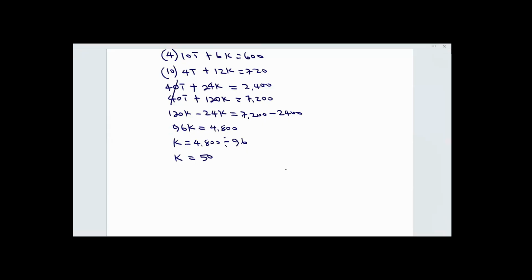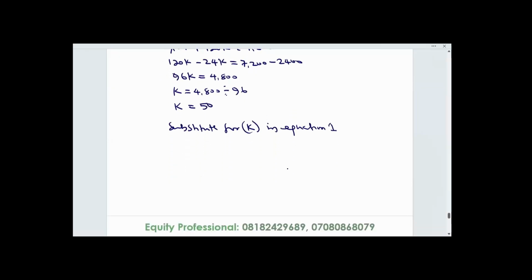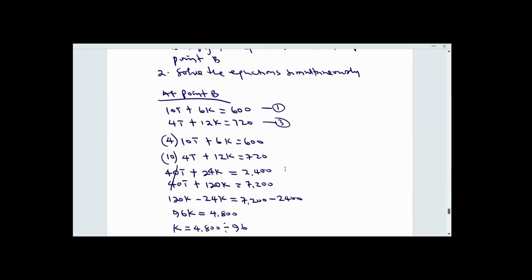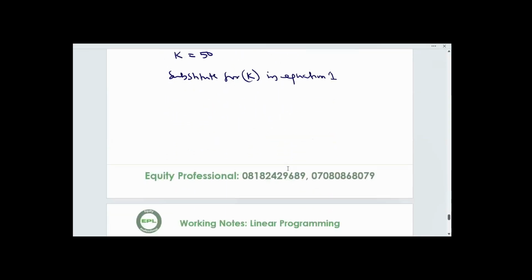So here is 50. I will then substitute for K in equation 1. Anywhere you see K, you put 50. In equation 1, we have 10t plus 6k equal to 600. Anywhere you see k, put 50.